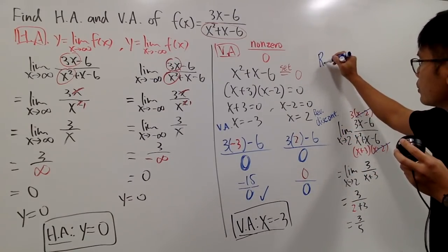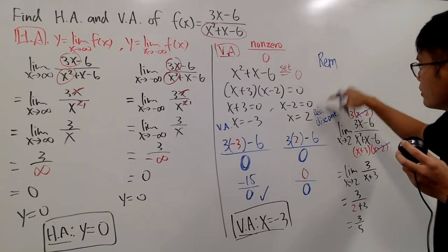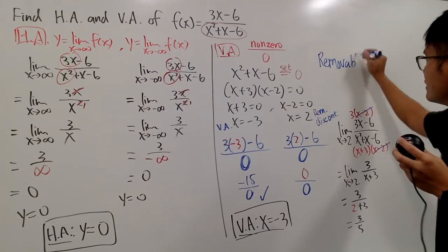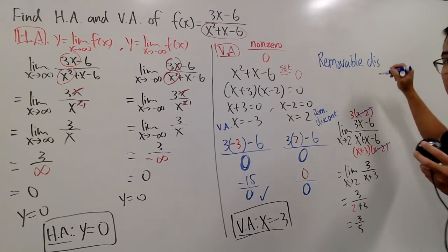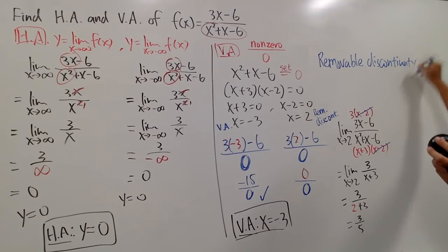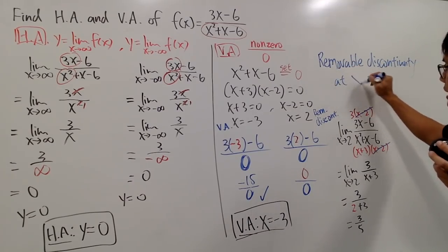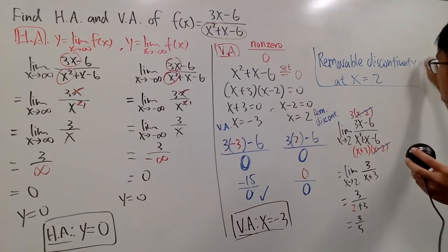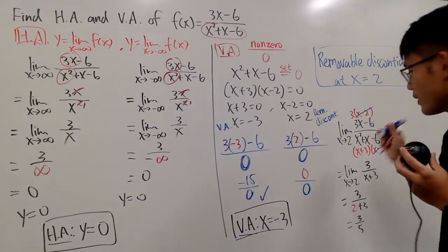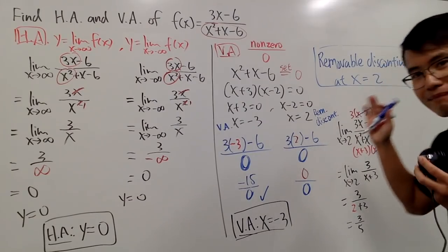I can tell you, write it down, removable discontinuity is at x equals 2. So that's what you have to answer if the question is also asking you for that. But anyway, this is it.